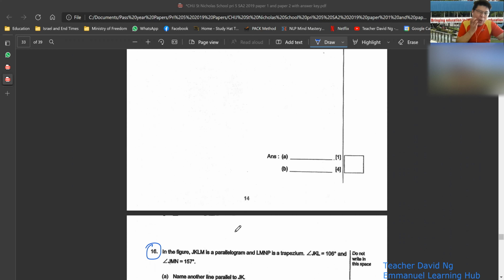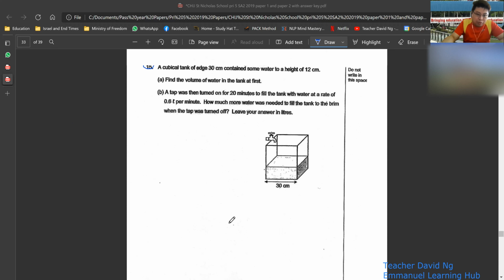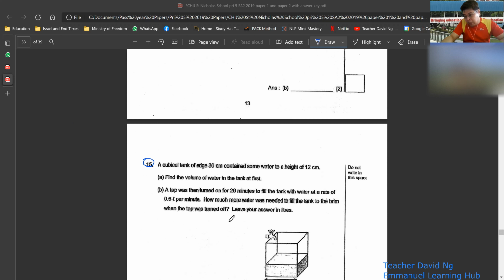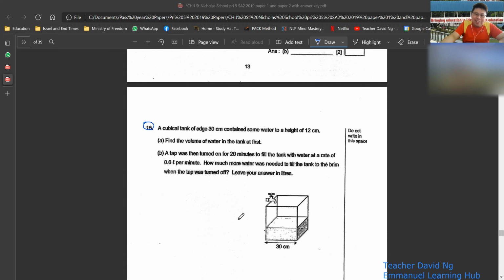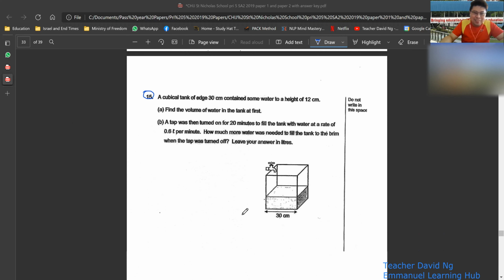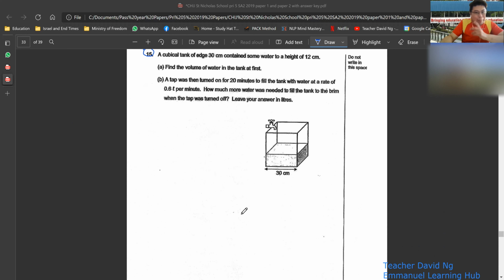If you want to take up the challenge, you reattempt questions 15, 16, and 17 on Friday. You know why? Forget the steps, you can do it yourself.